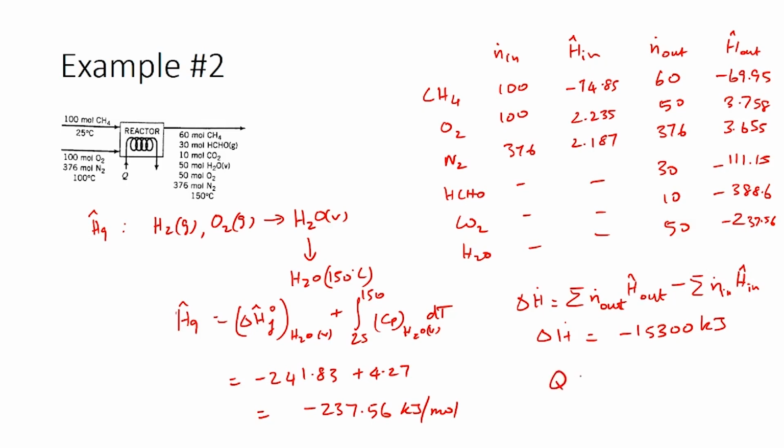We already have Q dot, the heat supplied or removed, which is also equal to delta H dot, and finally the value is minus 15,300 kilojoules. So, this gives us the heat which needs to be supplied or removed from the system. With that we have performed the second example, where we used the heat of formation method, and we were able to calculate the heat that needs to be supplied to the system.